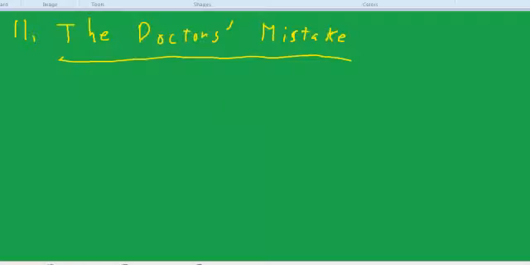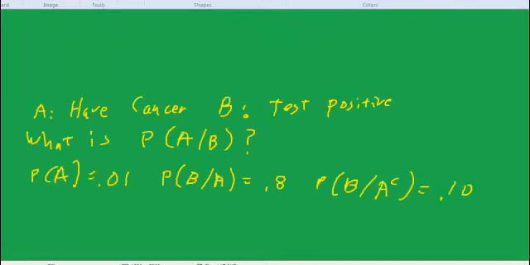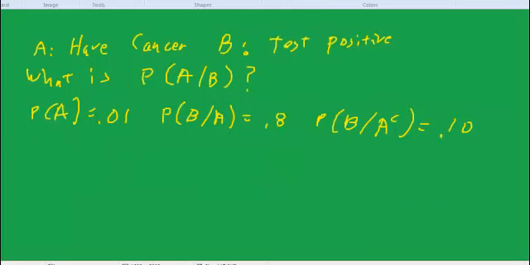So I've reproduced the numbers down here. Event A is you have cancer. Event B is you test positive. And the question asks, if you test positive, what is the probability that you have cancer? What is the probability of A given B? This is what the doctors are asked to solve for, or guess if they don't know how to solve for it.